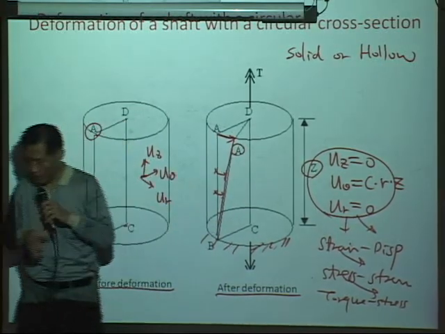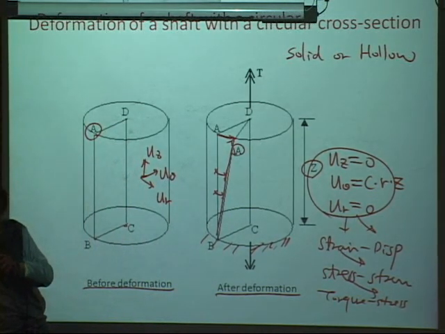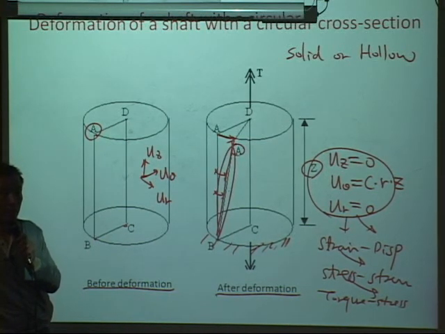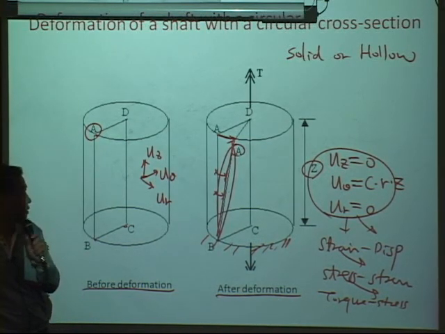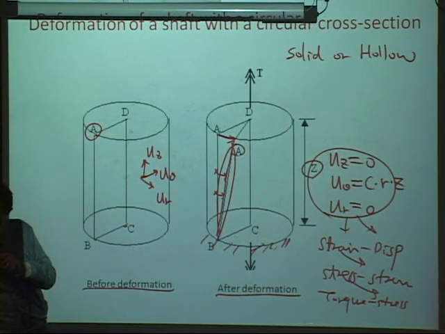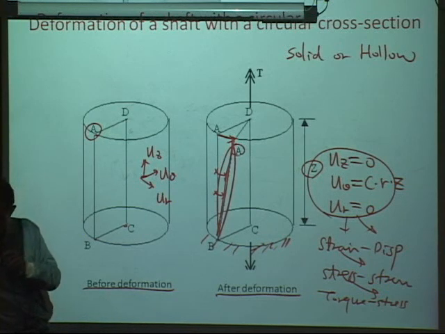I mean, you may imagine that this can go this way or this way, right? You can possibly assume that. But why should it be a straight line?